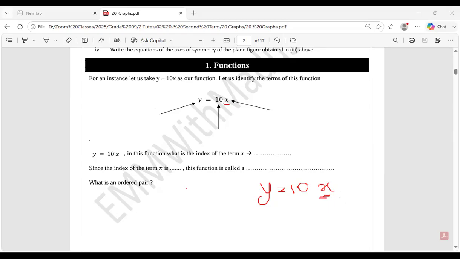One. So the power of x is 1. So this 1 is called the index.